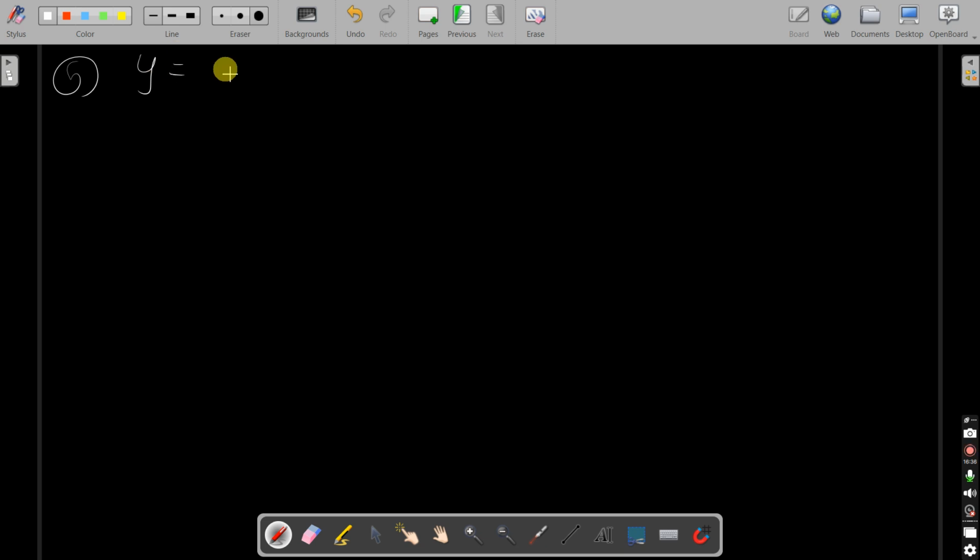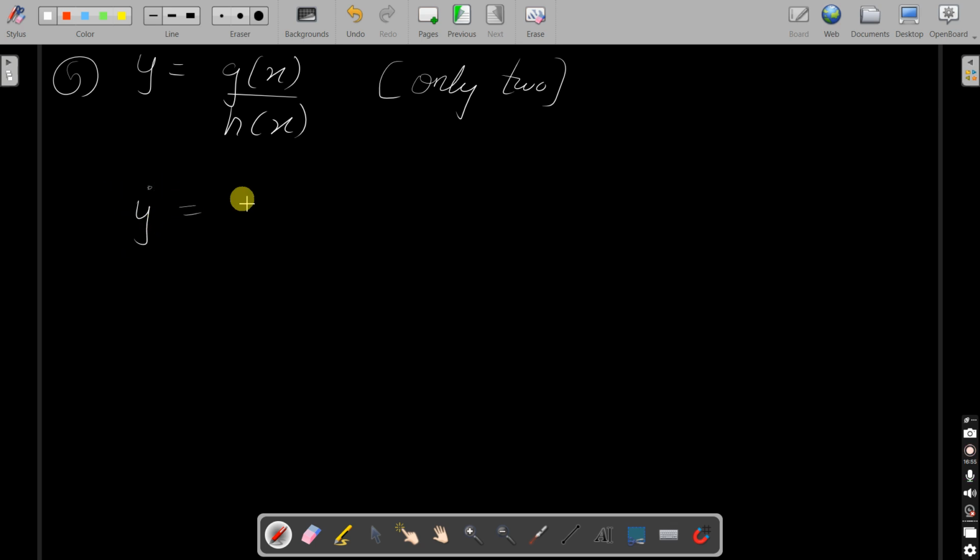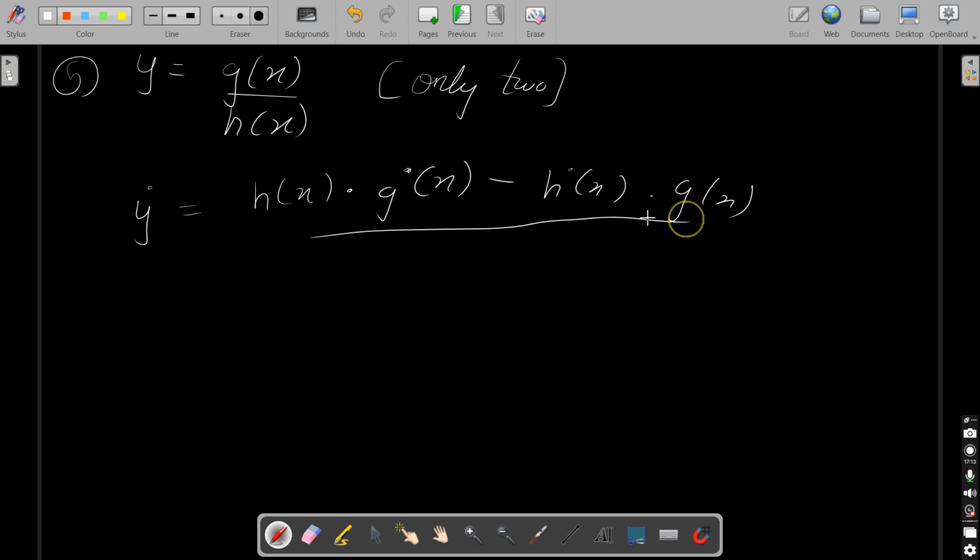If y is the division of two functions, strictly two, then the differentiation of this will be h(x) times the differentiation of g(x), minus the differentiation of the function which we didn't differentiate first, times g(x), upon the square of the denominator.